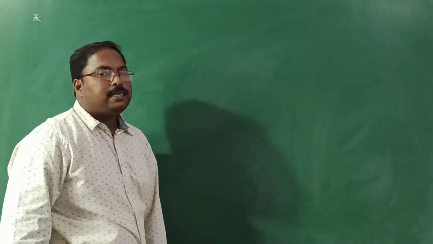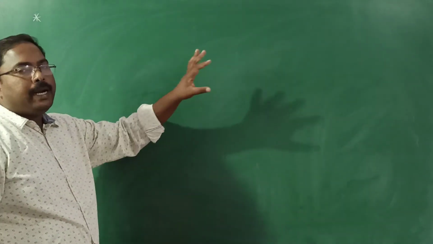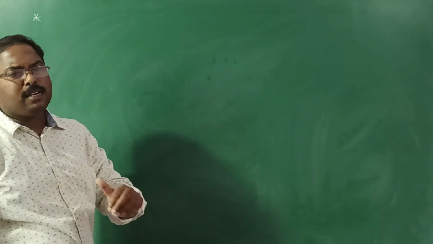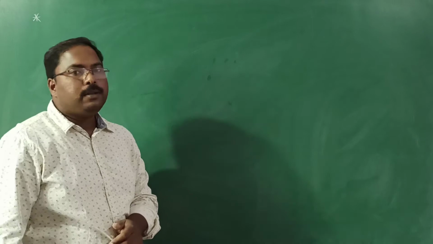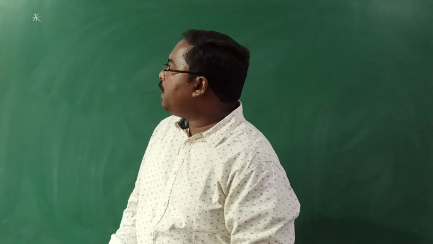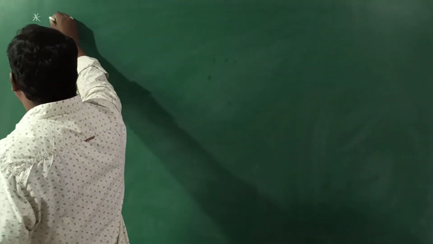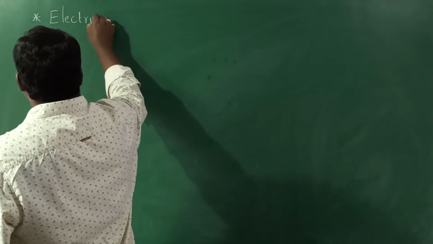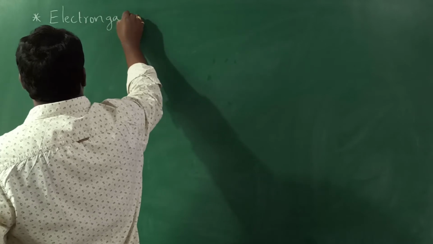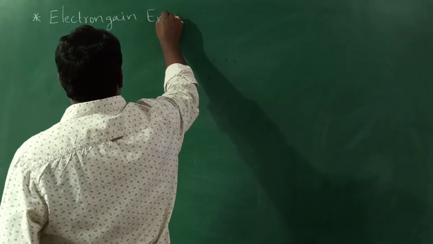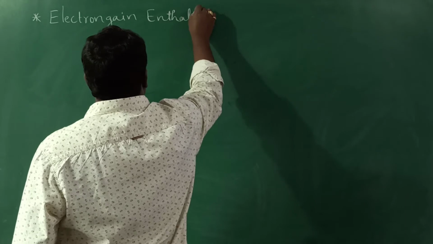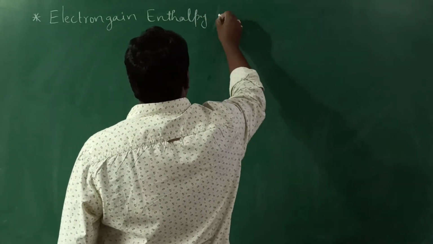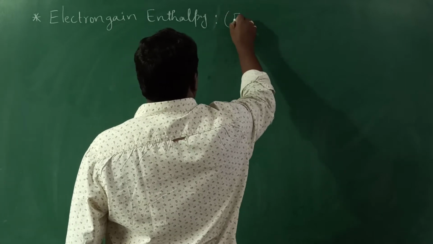So till now we discussed the periodic property ionization energy or ionization potential. Now coming to the next periodic property, electron gain enthalpy, also known as electron affinity.